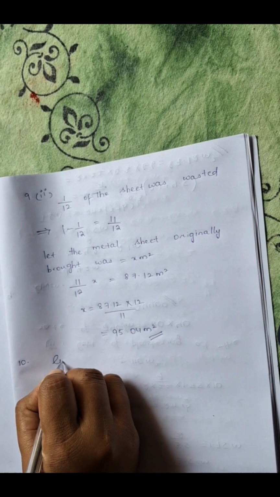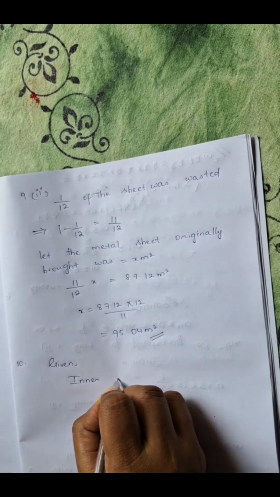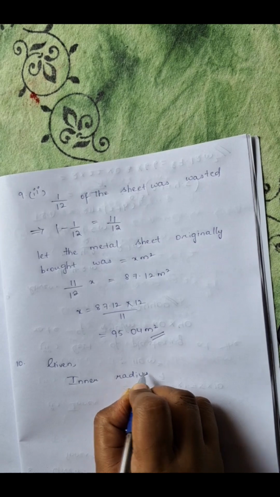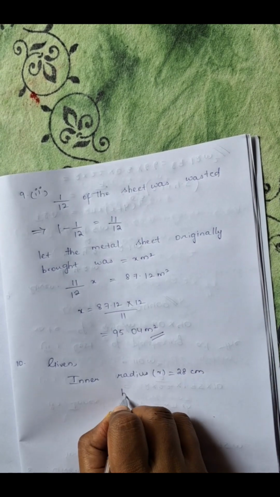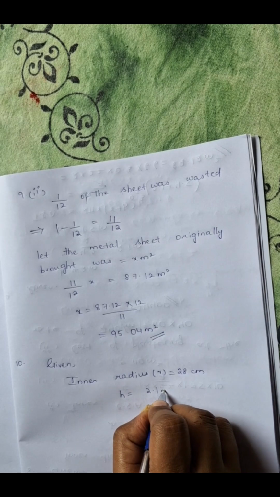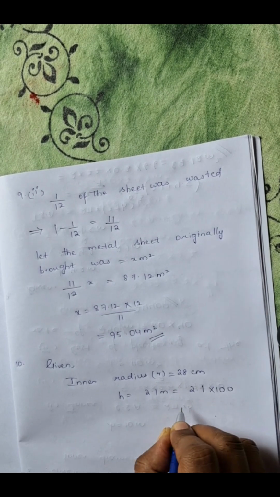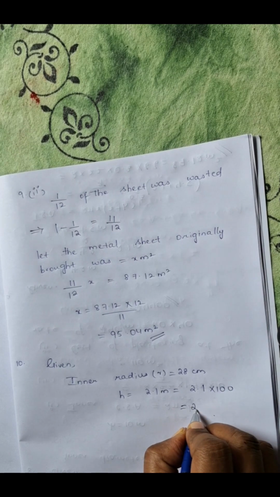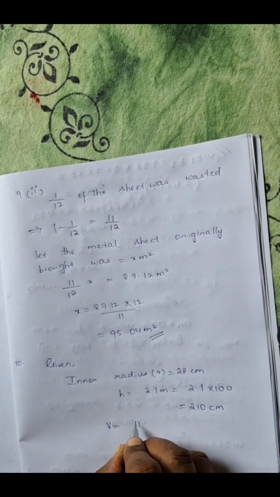First we will write the given: inner radius is equal to how much? 28 centimeter. Height is how much? 2.1 meters. If you want to convert this into centimeter, we have to multiply with 100. So 2.1 into 100 is what? 210 centimeter. We know the volume of the drum formula, πr²h.